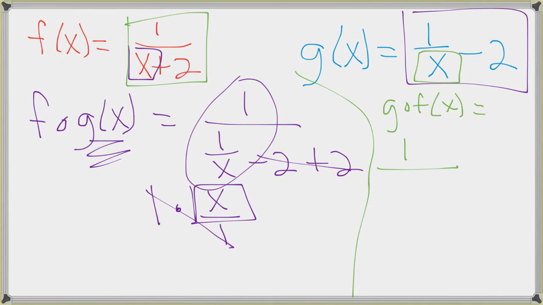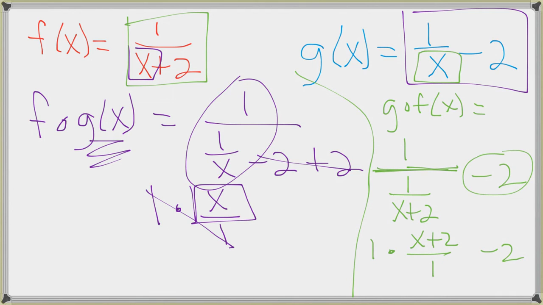Ugly fraction, but it's okay. When we divide, keep, change, flip. So that fraction that's on the bottom, I turned it over. The 1's cancel. So I have x plus 2 minus 2. Well, what happens to plus 2 minus 2? They cancel. What's left? Just the x.